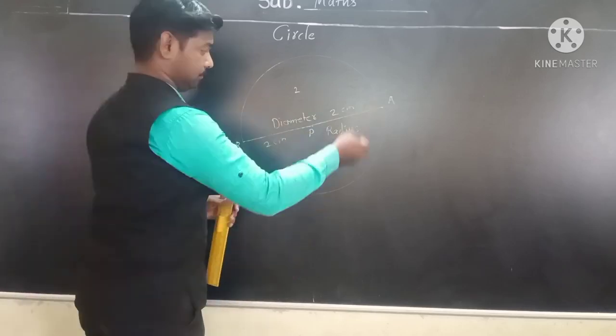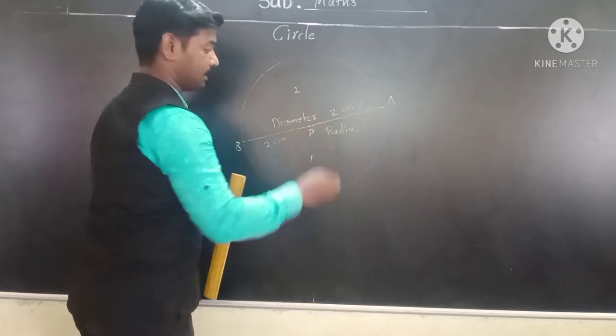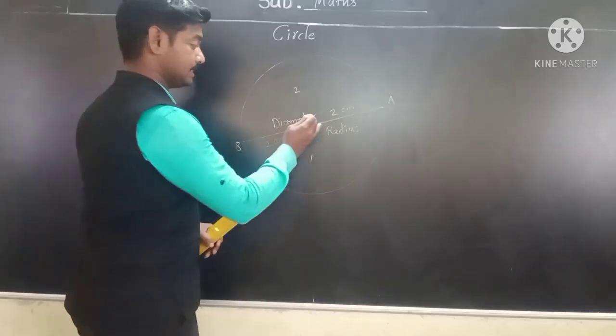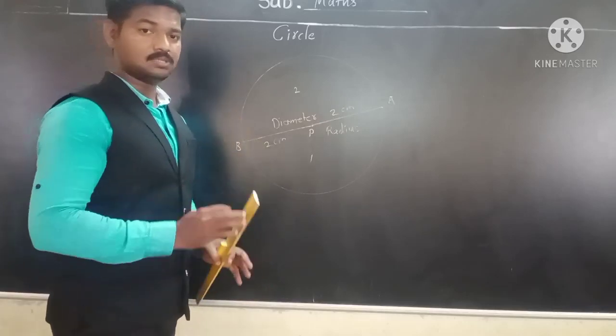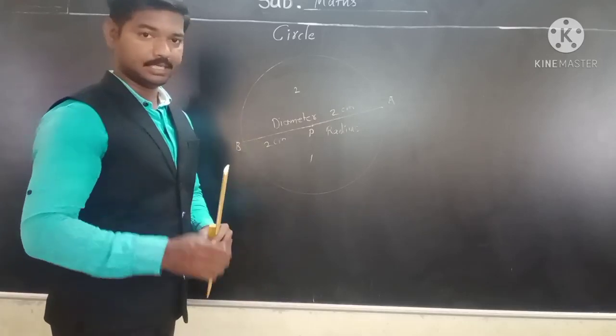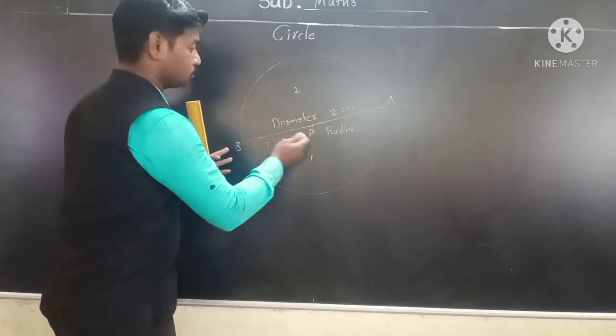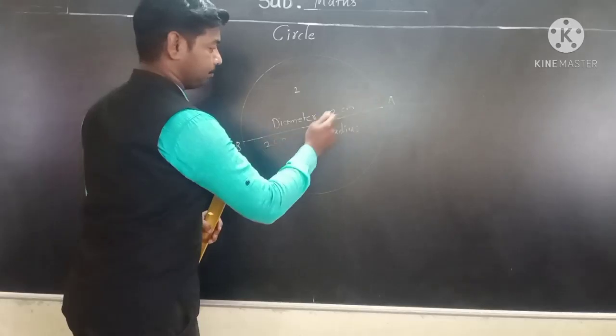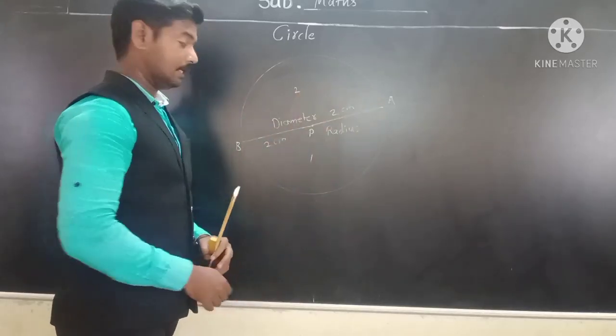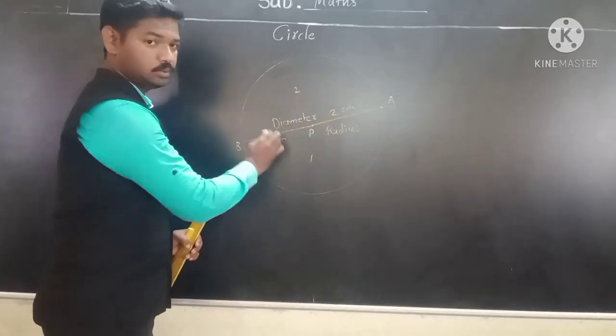Why? Because we know that P is the center of a circle. A line joining the center of a circle with any point which lies on the circle is known as radius. So PB is also joined with the center of the circle. So if AP is 2 centimeters, then PB is also 2 centimeters.